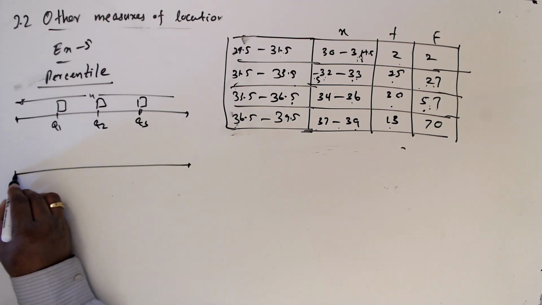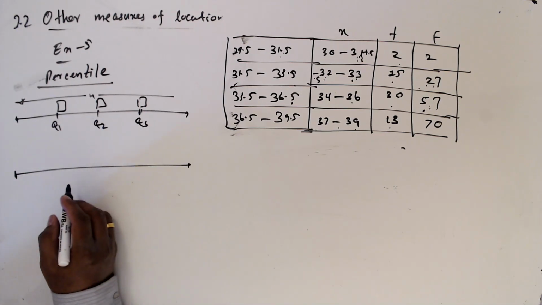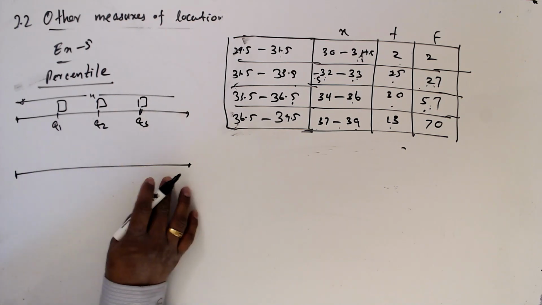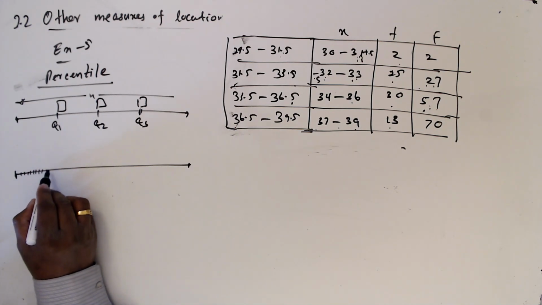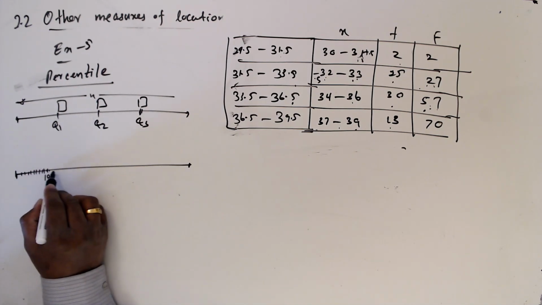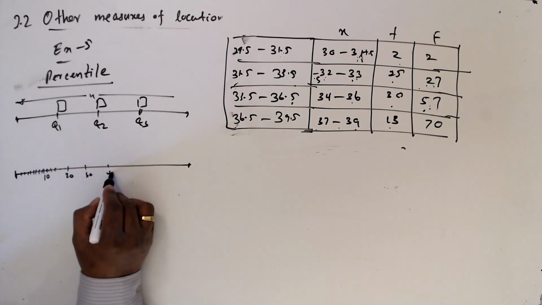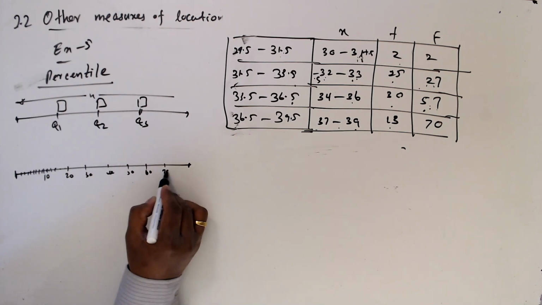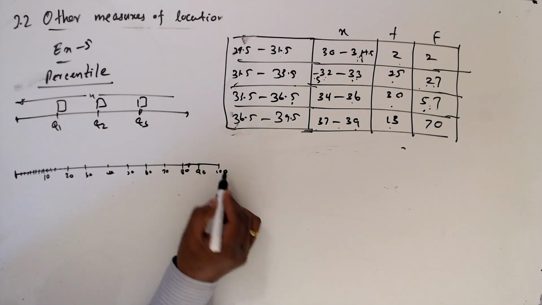The whole range is 100. So instead of that, we are dividing the whole frequency into hundreds: 1, 2, 3, 4, 5, 6, 7, 8, like 10, 11, likewise 20, 30, 40, 50, 60, 70, 80, 90, 100.